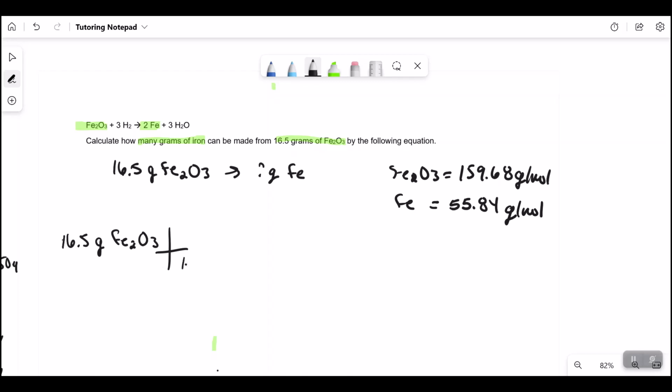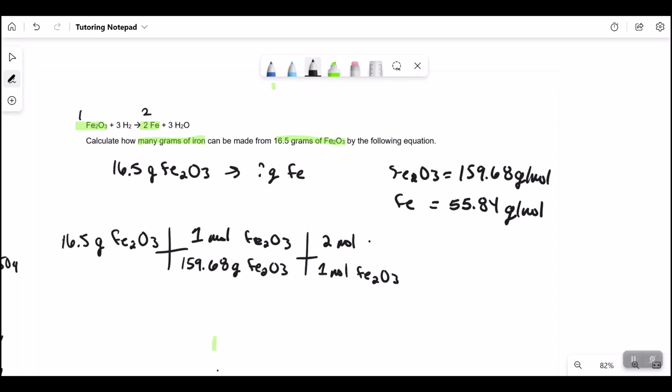So we would have 159.68 grams of Fe2O3 to 1 mole of Fe2O3. And with the molar ratio, we can see that we want them to cancel. So we have this 1 to 2 ratio. So we have 1 mole of Fe2O3 to 2 moles of Fe.